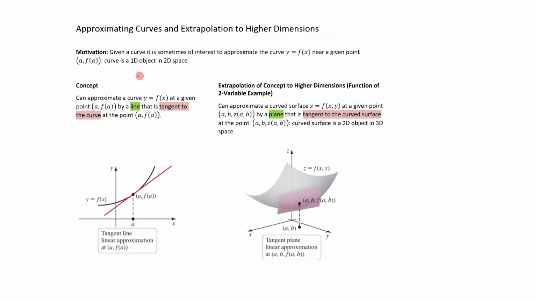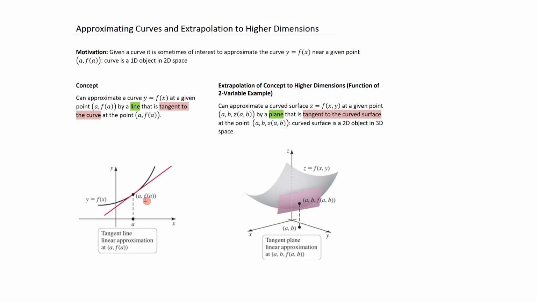The concept is that we can approximate a curve y equals f(x) at a given point (a, f(a)) by a line that is tangent to the curve at that point. That's demonstrated by this figure here. Here's the curve described by y equals f of x, and here's the tangent line, tangent at the point a, f of a.